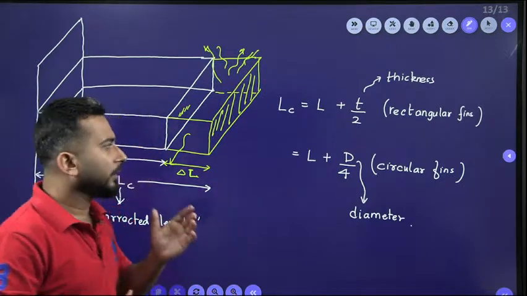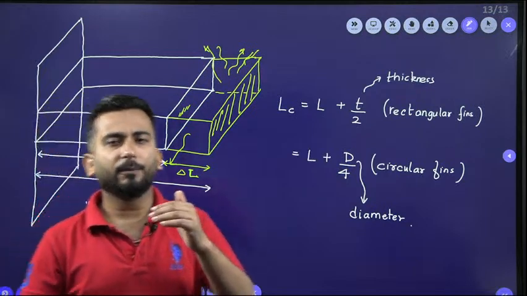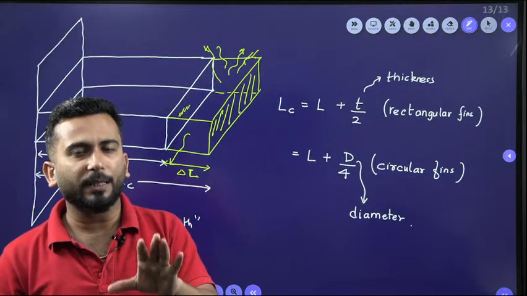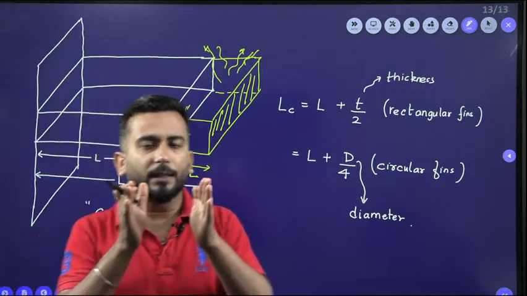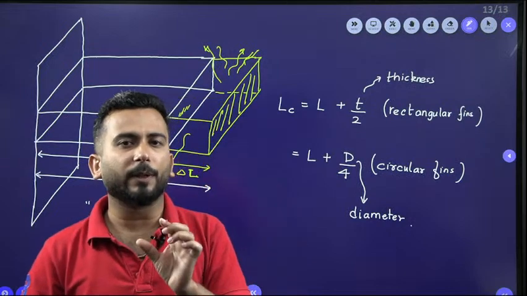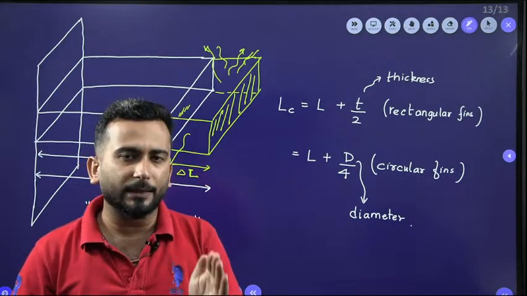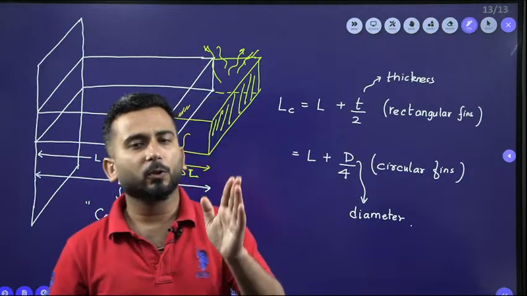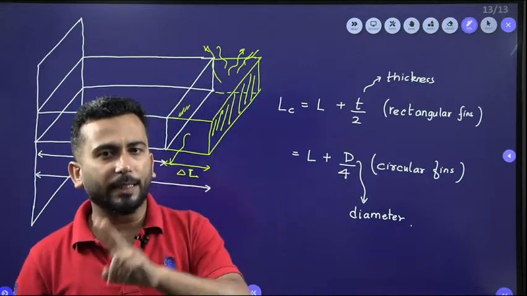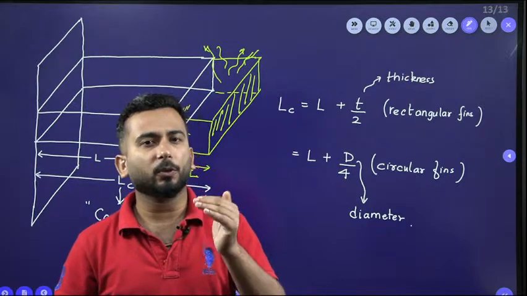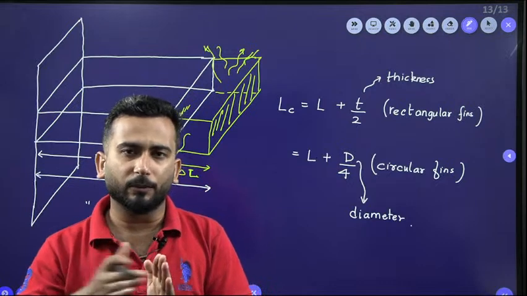So if I brief it up, we have discussed the differential equation of the fin, where I took some dx length of the fin, and then I applied the energy conservation, and we arrived at the differential equation. I told you three cases are possible. The first one was the case with an infinitely long fin.